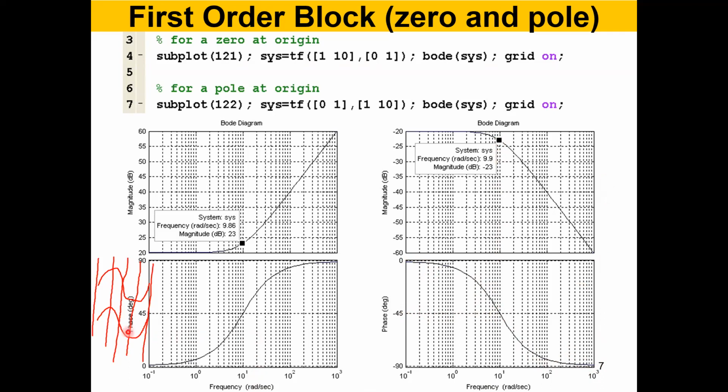So this response going to your left hand side means positive phase, going to the right hand side means negative phase. Okay, so you can see a 0 gives positive phase, a pole gives you negative phase.